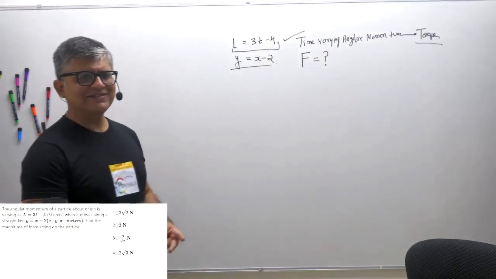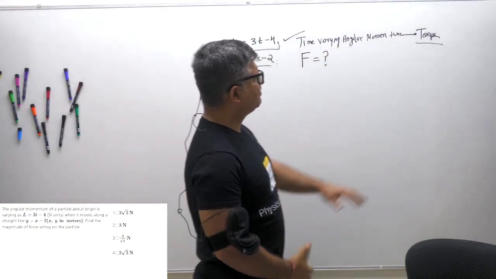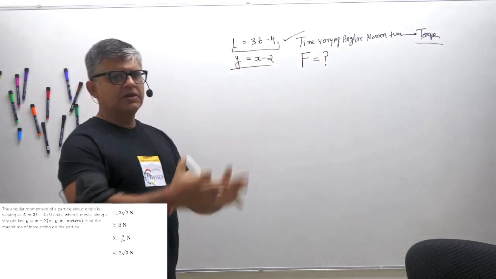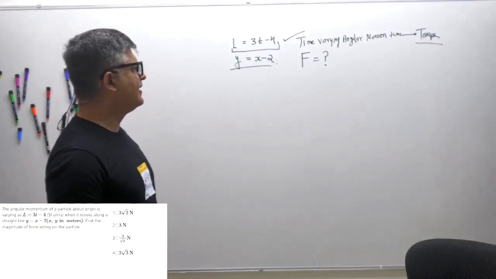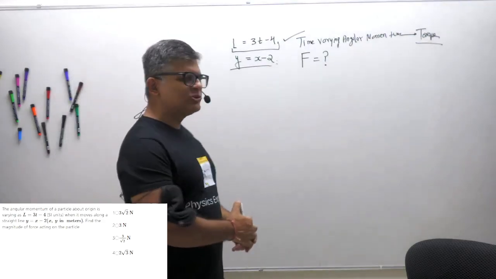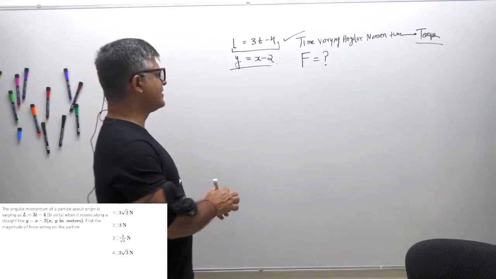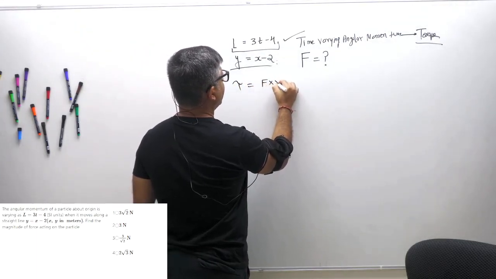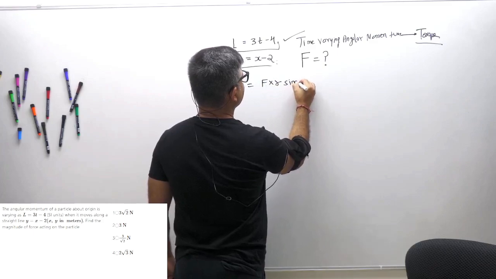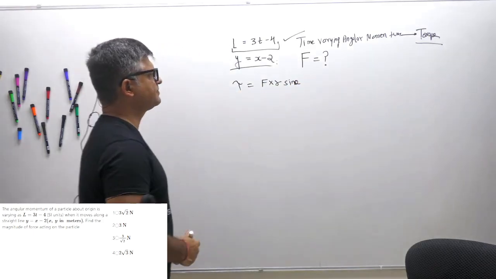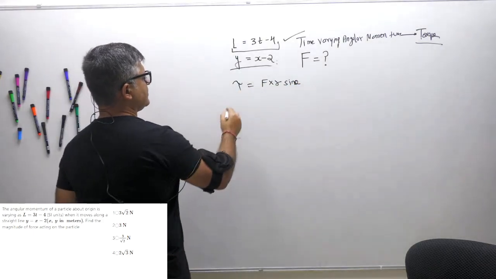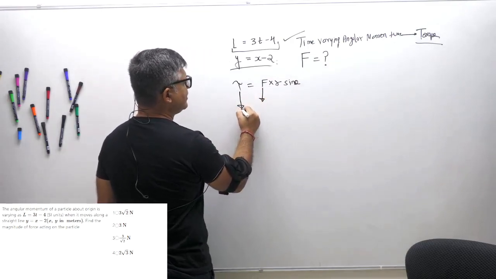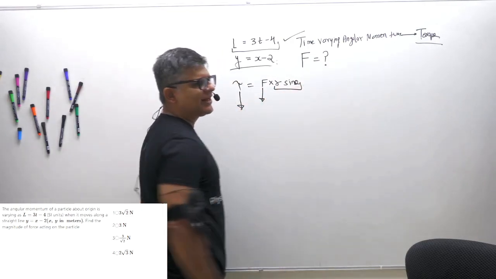If I put the two words, torque and force, side by side, what comes to my mind is that torque is equal to force into R into sine theta. This is what comes to my mind. Force is available, torque is happening, and we will tackle R sine theta.